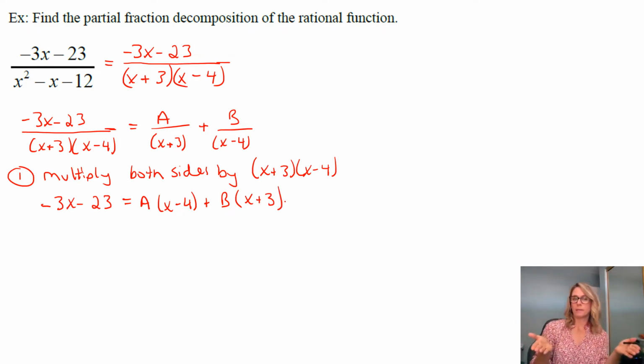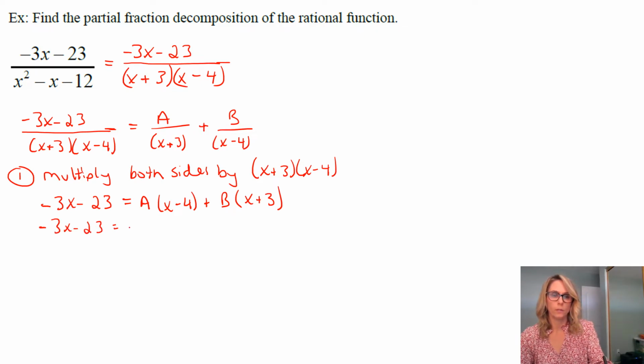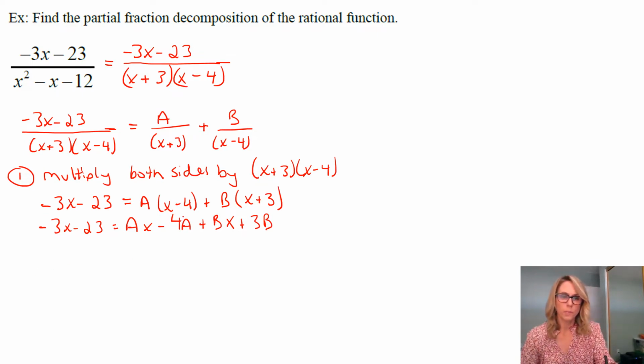So now we have this. Now we have what you see here. I will also then distribute everything. You can take a moment and distribute what you see like this. So here's all of our terms, no more parentheses.